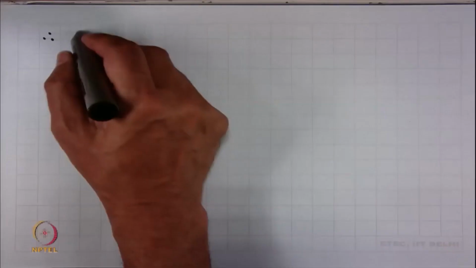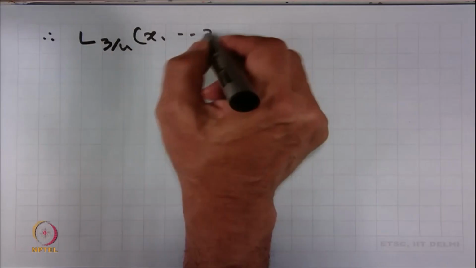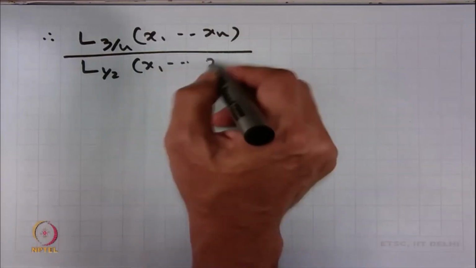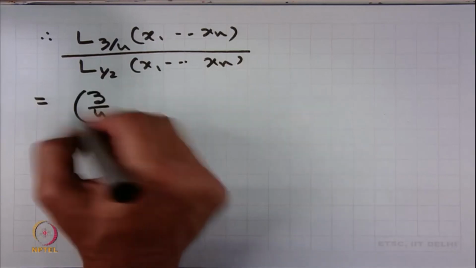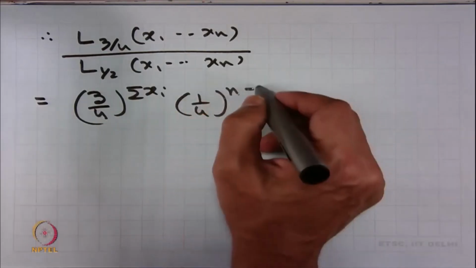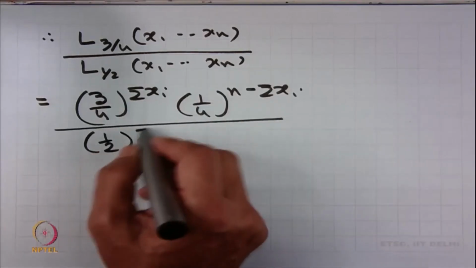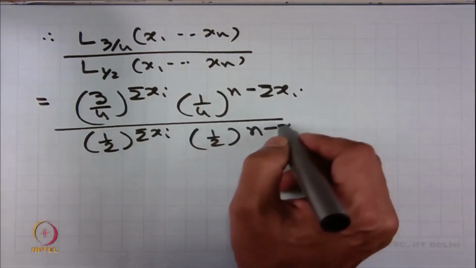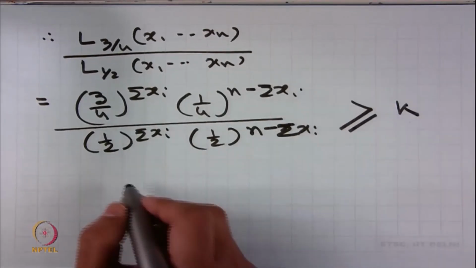Therefore, L 3 by 4 of x1, x2, ..., xn upon L half of x1, x2, ..., xn is equal to 3 by 4 to the power sigma xi into 1 by 4 to the power n minus sigma xi, upon half to the power sigma xi into half to the power n minus sigma xi, and that has to be greater than or equal to k.